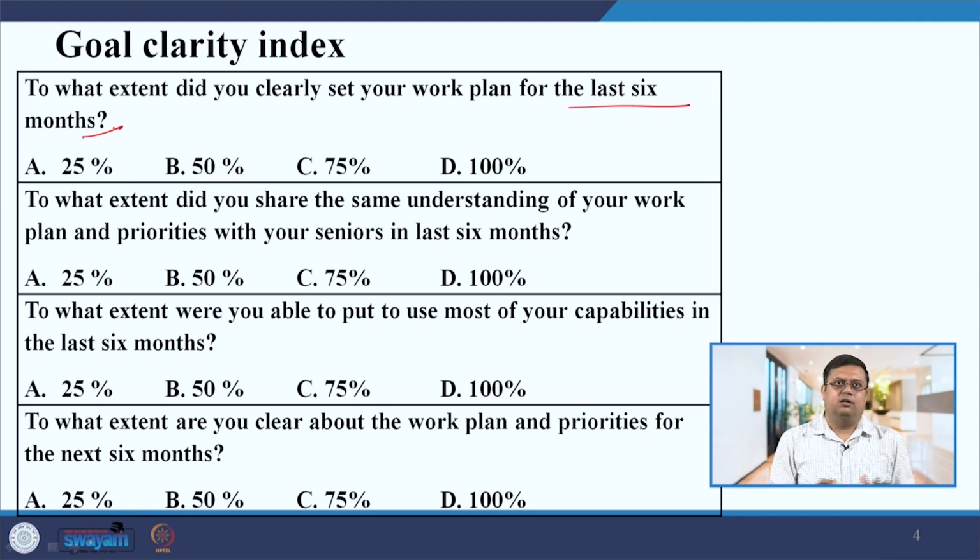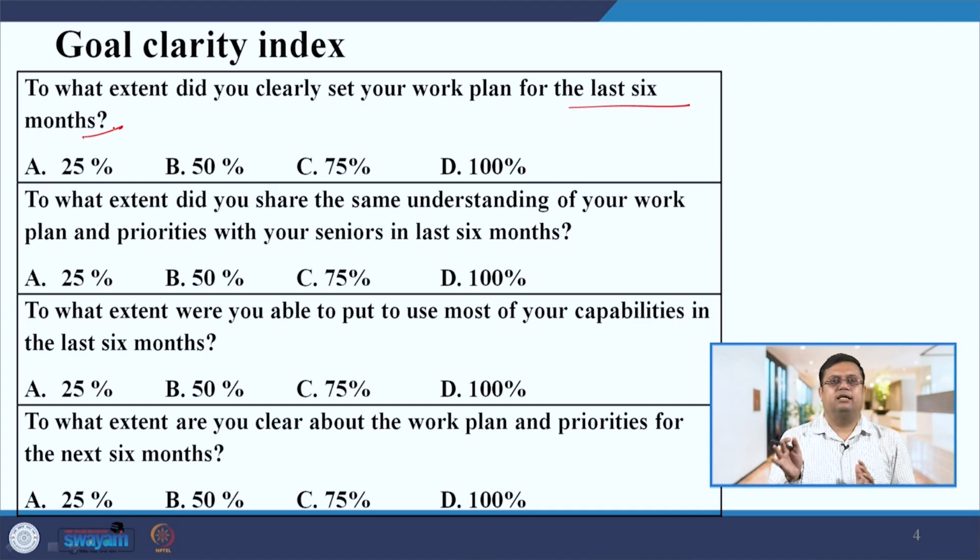So, after collecting this data and doing some analysis, you can correlate the goal clarity index with the goal achievement percentage, and understand the relationship between them. If goal clarity is high and goal achievement is also high, it indicates a positive relationship, and vice versa.